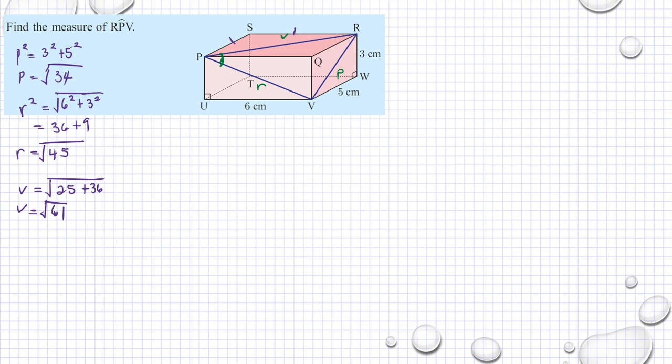We don't need to use the sine rule because we need to have two angles.